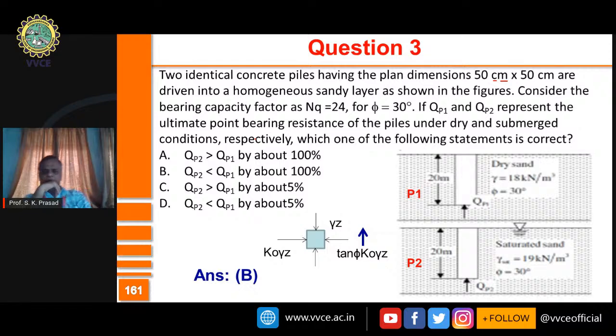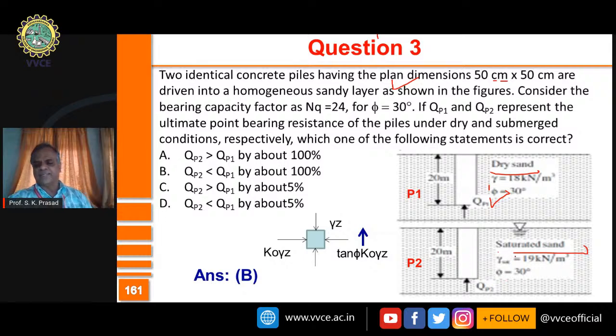If Qp1 and Qp2 represent the ultimate point bearing resistance under dry and submerged conditions, which of the following is an appropriate statement? So this is Qp1 and this is Qp2. The difference between these two is, in Qp1 there is dry sand, and here it is saturated sand.